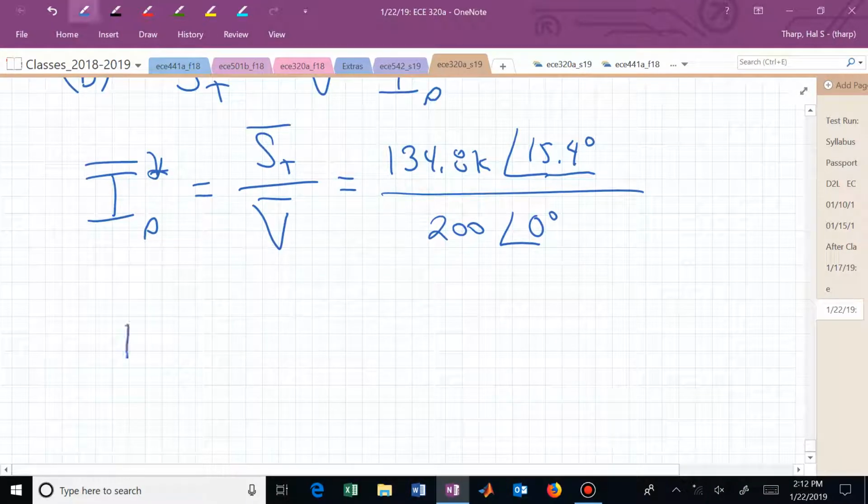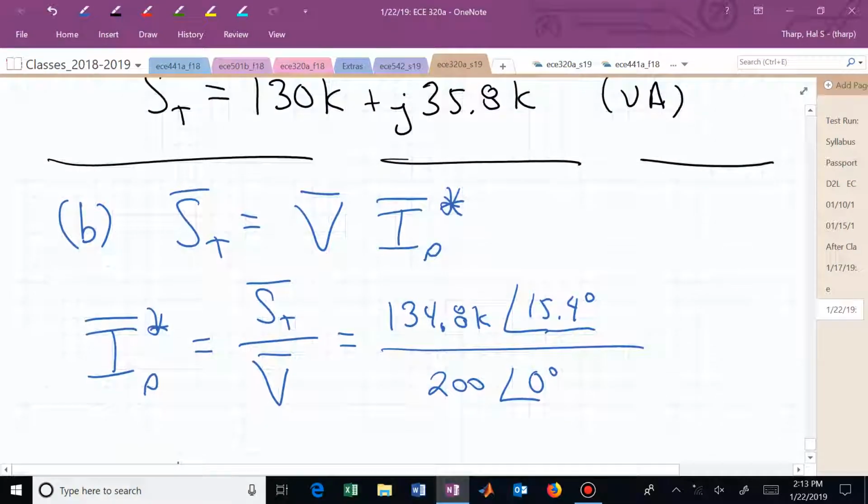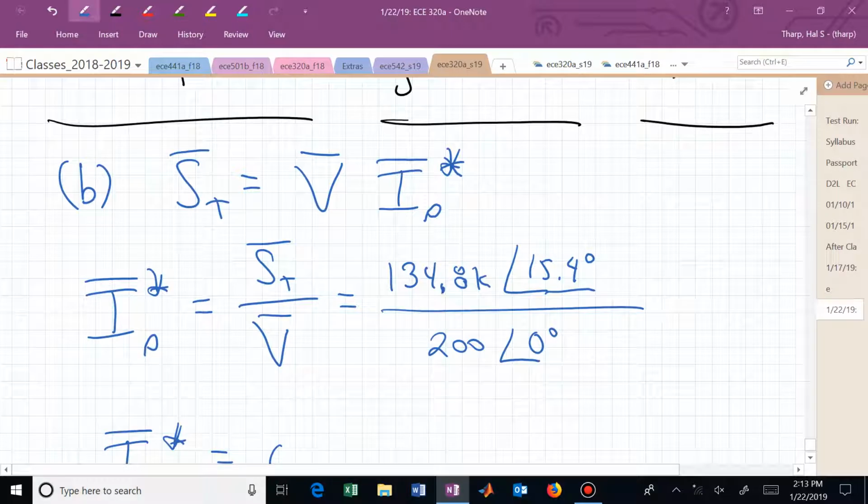That now says that I sub s star is 134.8K.